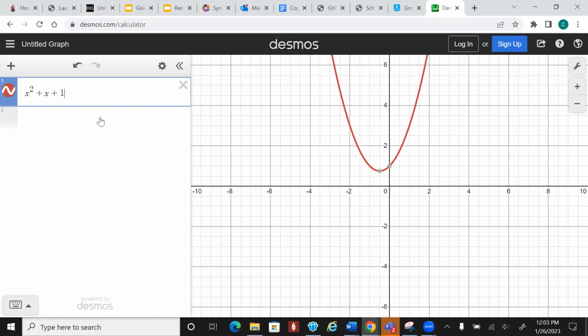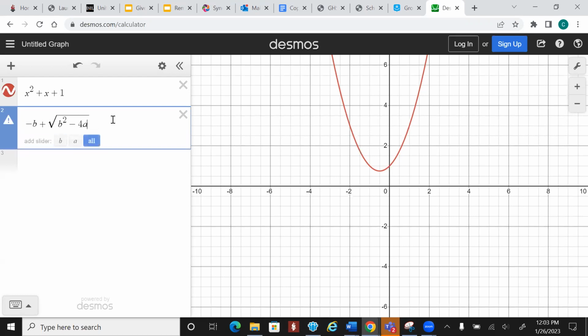Another way you can solve for this is by using the quadratic formula. Y'all remember the quadratic formula? Plus or minus, all over 2A.